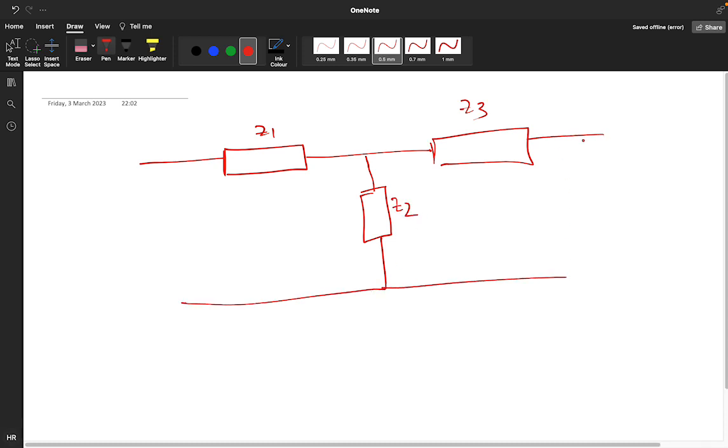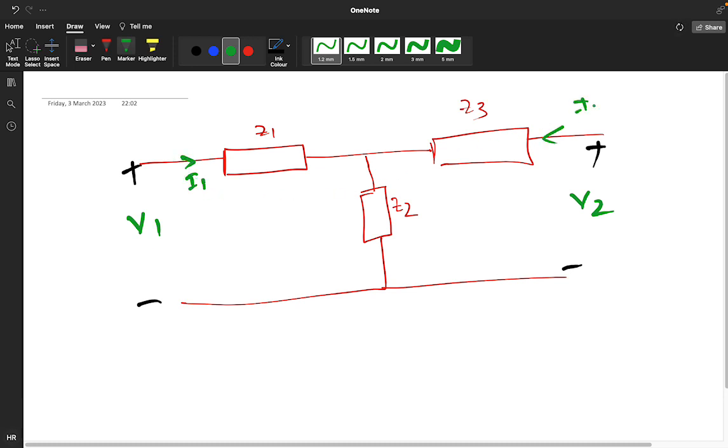So this is your port 1, and this is your port 2. At port 1 the voltage is V1, at port 2 it is V2, the current is I1, and from this side the current is I2. The net current that will flow in this branch will be I1 plus I2.